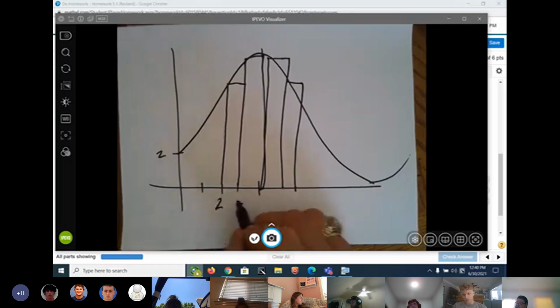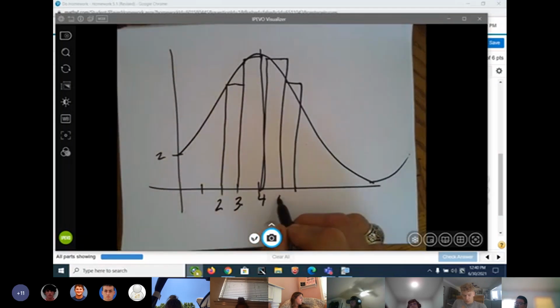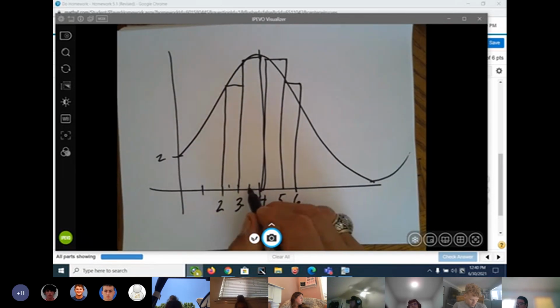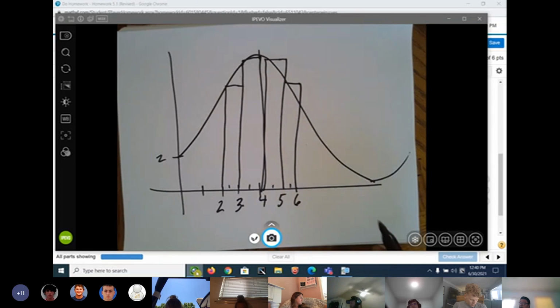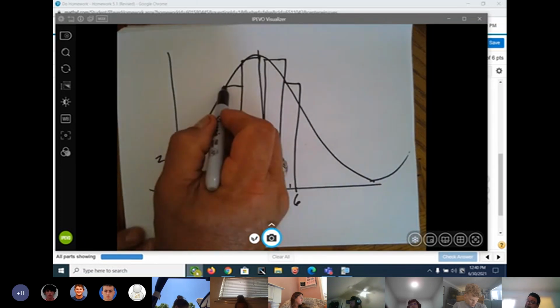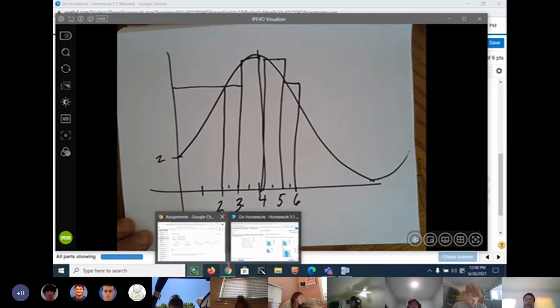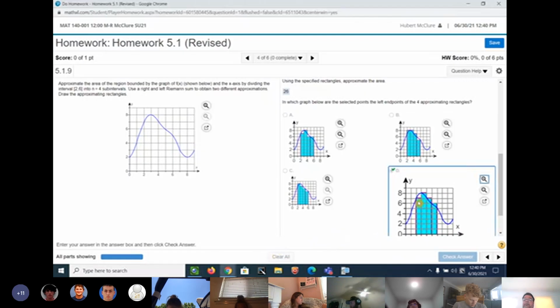And this is 2, 3, 4, 5, 6. Now delta is still 1, so you've got a 1 here, 1 here, 1 here, and 1 here. But the heights are different because this is 7, I believe. Let's look and see. Yeah, that first one's at 7.